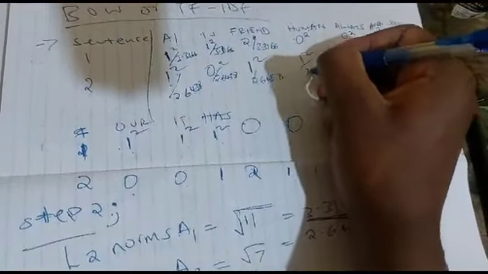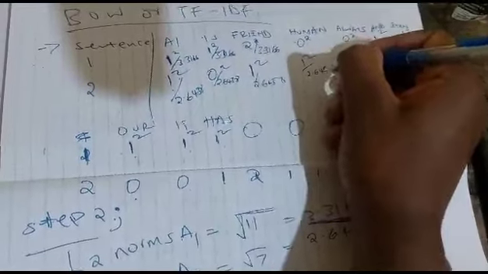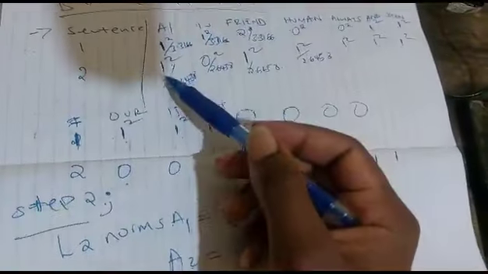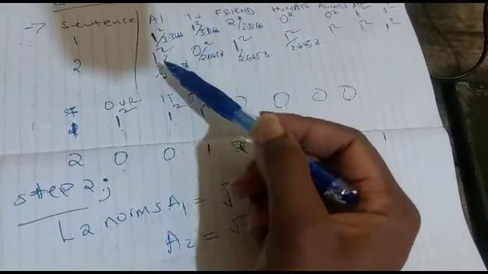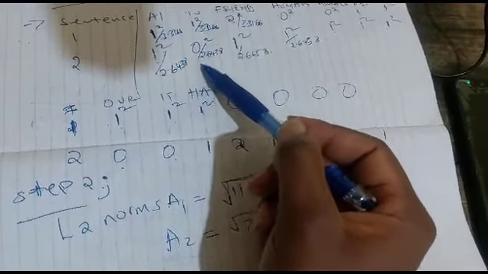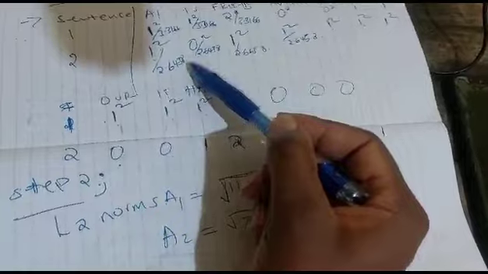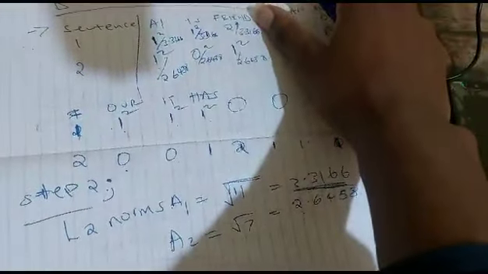You do for all that divided by 2.6458. For sentence 2, you divide the frequency, which is 1, divided by the L2 norm, which is 2.6458. When you divide like that, you will be getting these vectors.